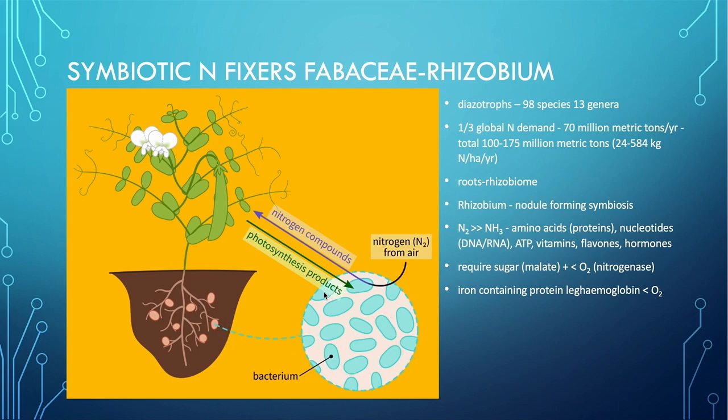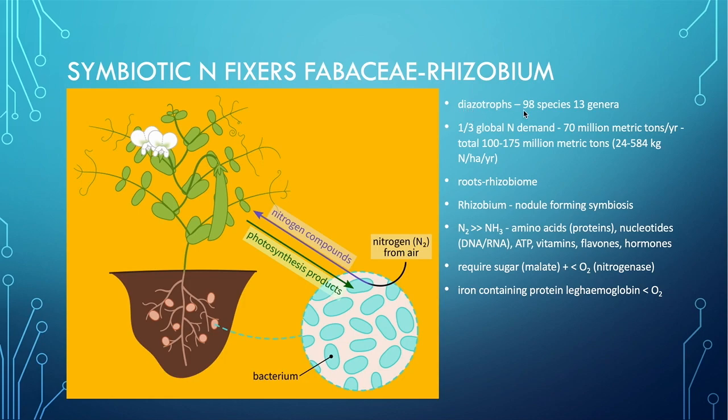And this is the bacteria within the nodule zoomed in on. Then the nitrogen compounds go from that nodule to the plant, and in exchange, photosynthetic products, sugars, are fed to the nodule bacteria. So basically the same cycle, but involving the plant now on a deeper level.